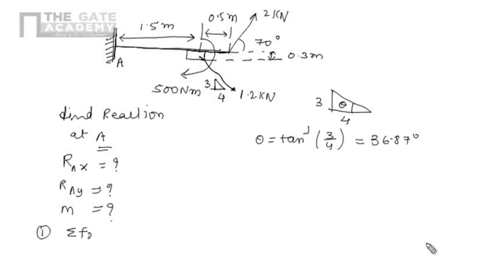Before that, we have to mark the reactions: in the horizontal direction RAX, in the vertical direction RAY, and the moment M. These are the reactions at the fixed support we have to find.